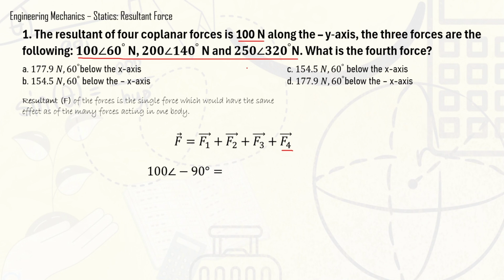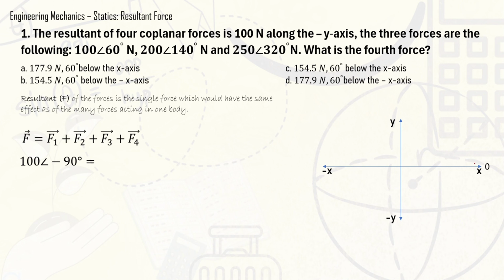Saan natin nakuha si negative 90 degrees? Sa phrase na along the negative y-axis. Let's further explain by using our Cartesian. Nasaan yung negative y-axis natin? It's in here. So, yung 100 newtons is along daw sa negative y-axis natin. And by using our positive x-axis as reference and using direction of clockwise, makuha natin ang angle niya as negative 90 degrees.